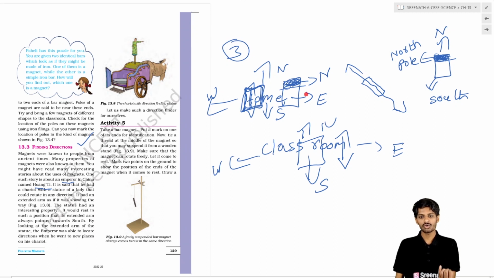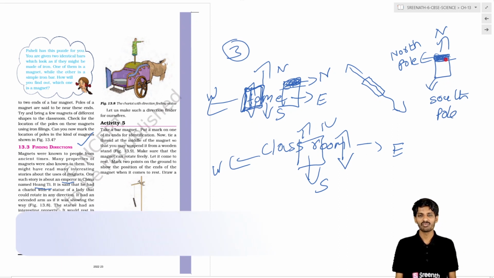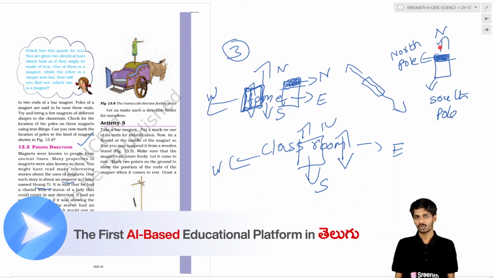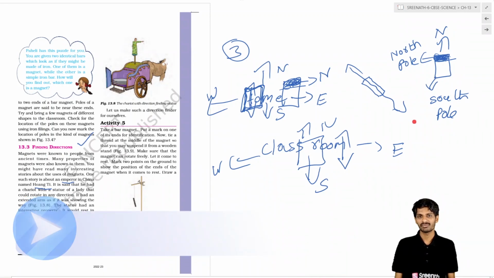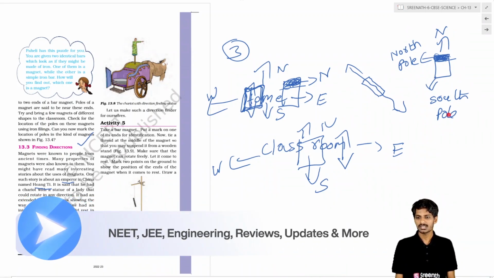When you suspend it in your home, it is showing the south direction, and when you suspend this in the classroom also, it is again showing the south direction. So that pole is called the south pole. And the one which is showing the north direction of your home is called the north pole. This is the reason we have named the two poles with different names, north pole and south pole.